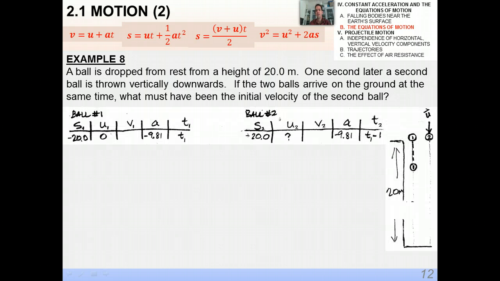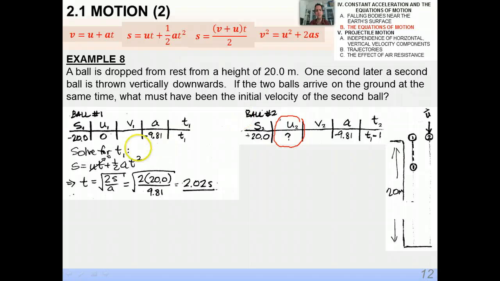Okay, so again, here's my little diagram over here. I have SUVAT tables for ball number 1 and ball number 2. And really, we're asking for U2 here, the initial velocity of the second ball.